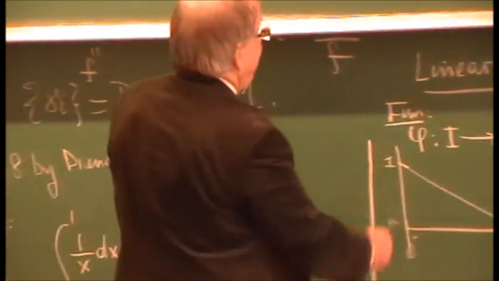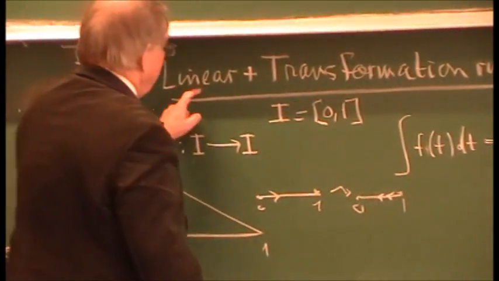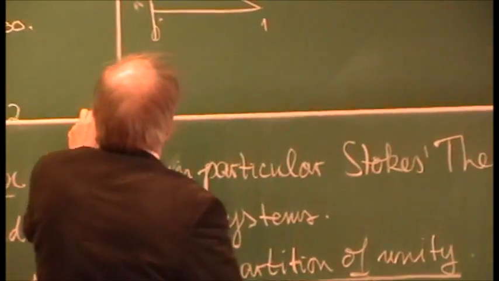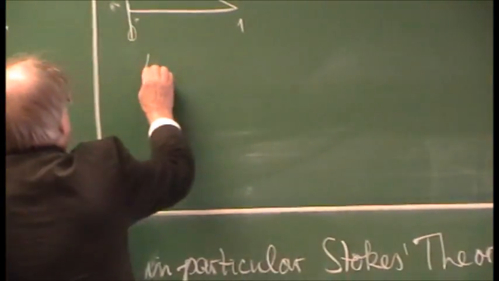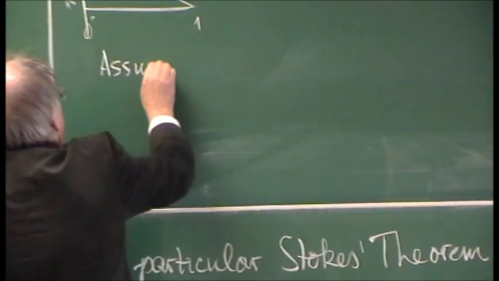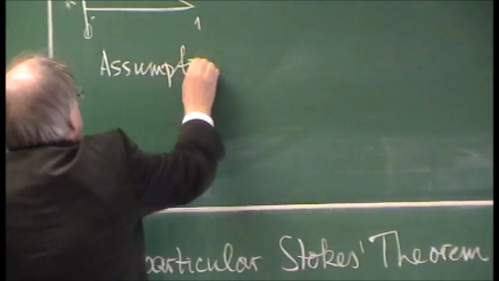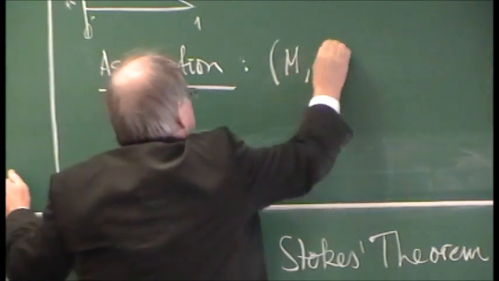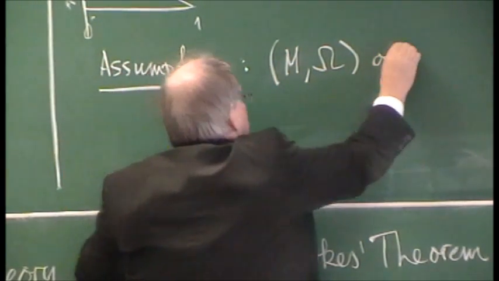So an assumption in the whole theory, when I said an integral is linear with transformation rule, is this. The big assumption to make this stuff go through, at least for me, is that (M, omega) is an oriented manifold.